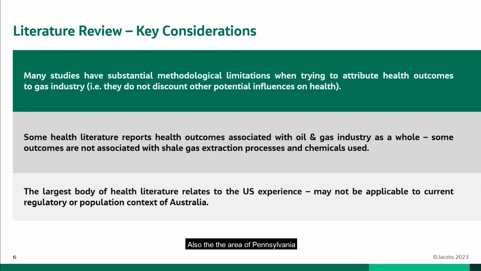Also, the area of Pennsylvania is 3.5 times smaller than the Beetaloo sub-basin SA2 study area. So by comparison, Pennsylvania is a lot more populous with a greater population density, and these differences may affect the relevance of findings in the health literature to the local Beetaloo sub-basin context.